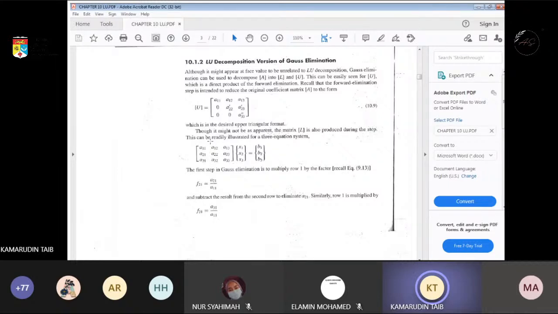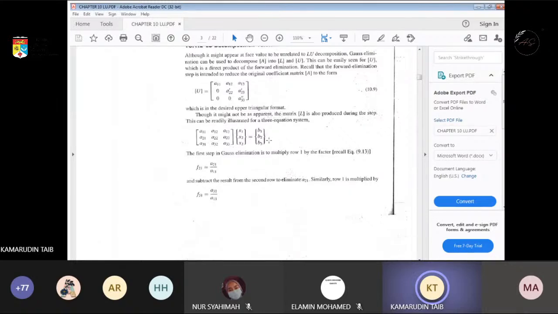This can be readily illustrated for a three-equation system. So this is the system of equations. The first step in Gauss elimination is to multiply row 1 by the factor f21 equal to a21 divided by a11 and subtract the result from the second row.